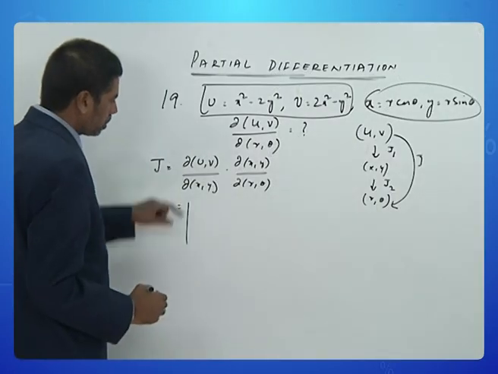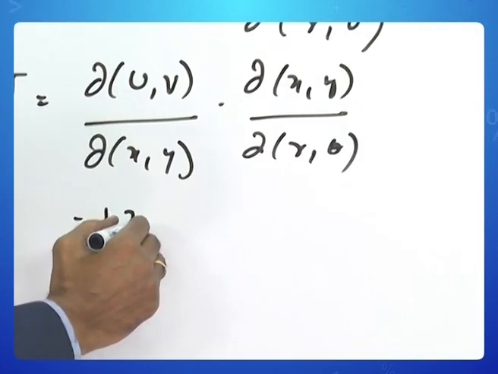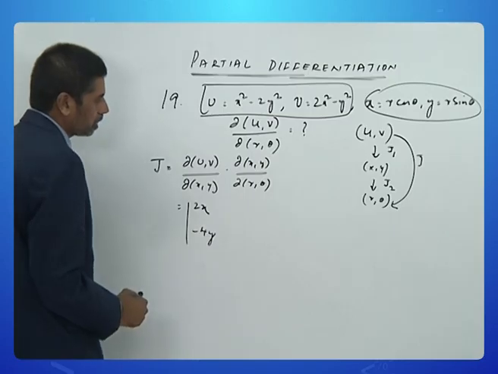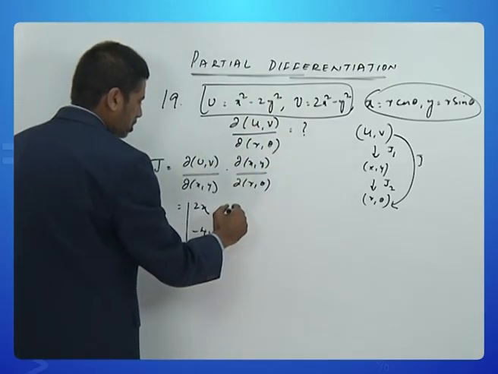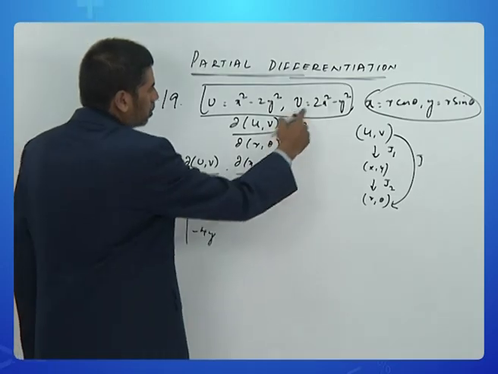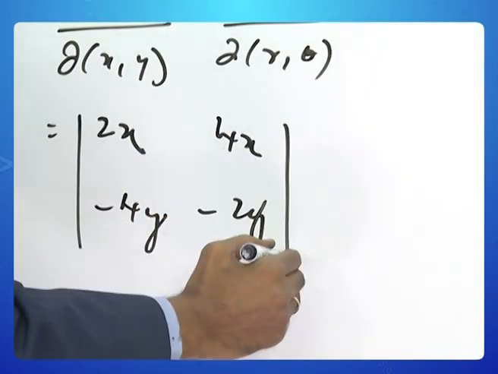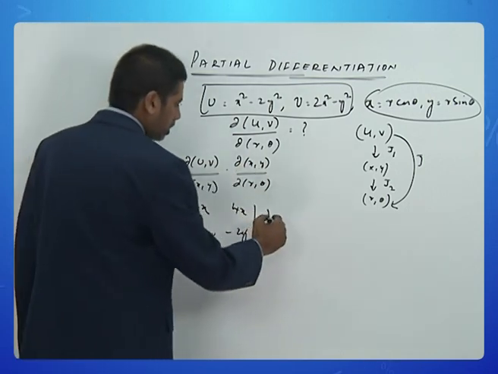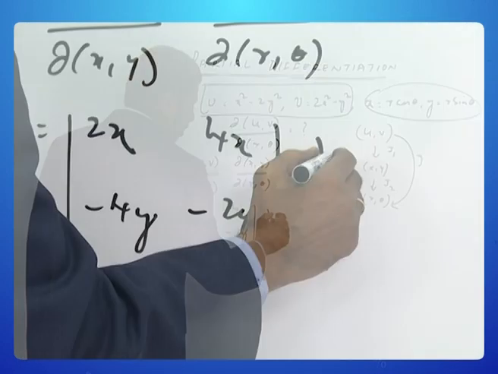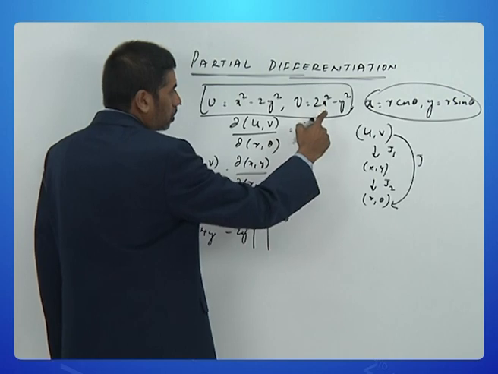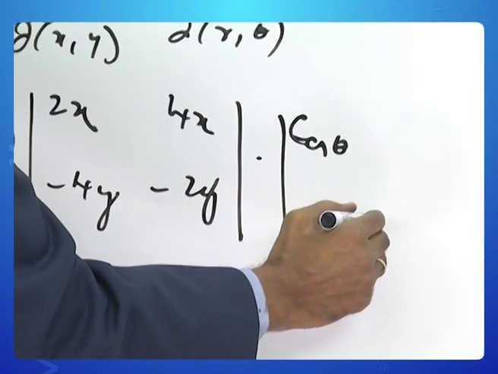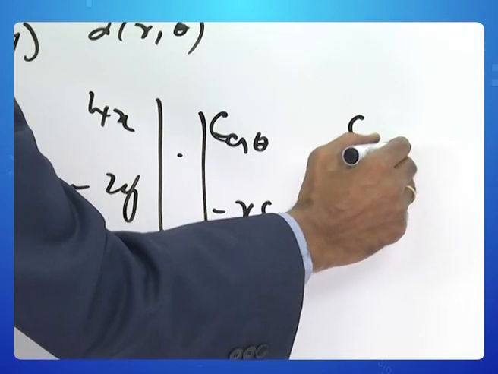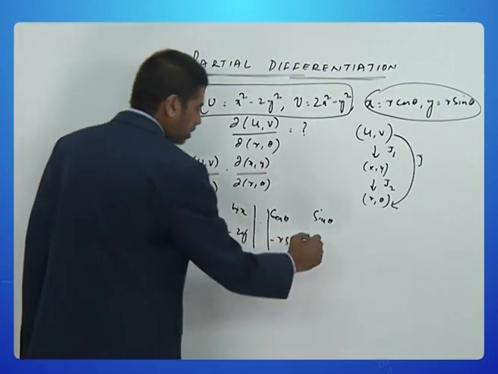So let us compute. ∂u/∂x is 2x, ∂u/∂y is −4y, ∂v/∂x is 4x, ∂v/∂y is −2y, into ∂x/∂r is cos θ, ∂x/∂θ is −r sin θ, ∂y/∂r is sin θ, and ∂y/∂θ is r cos θ.